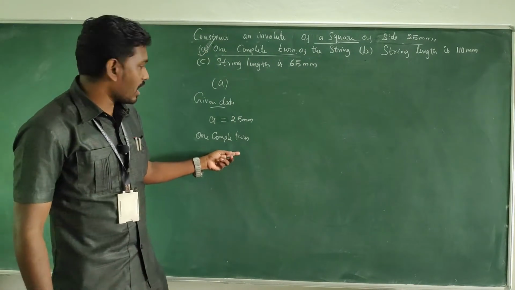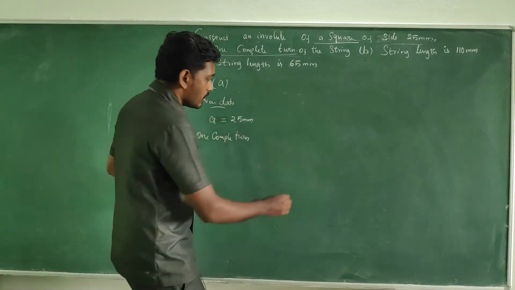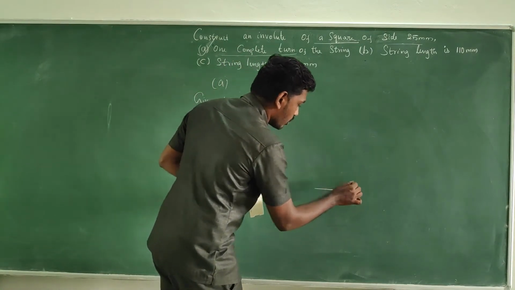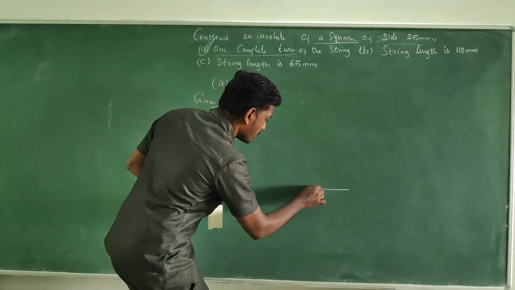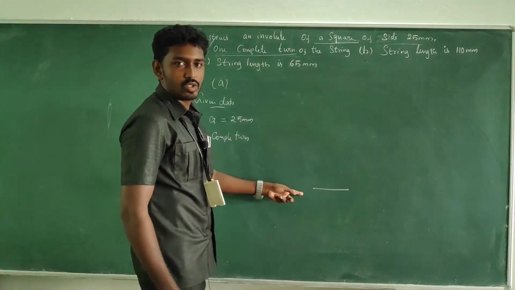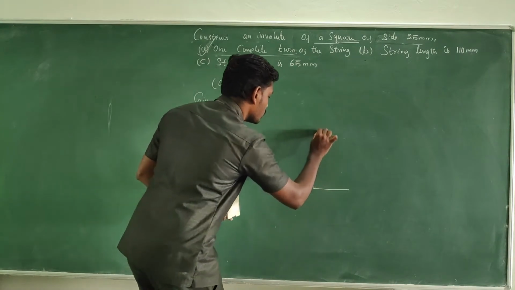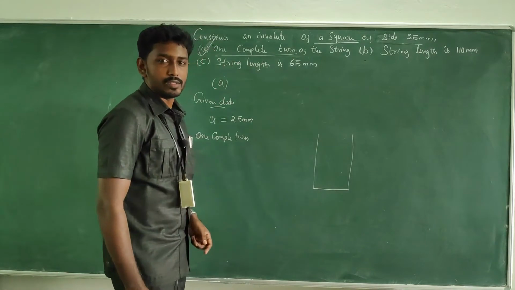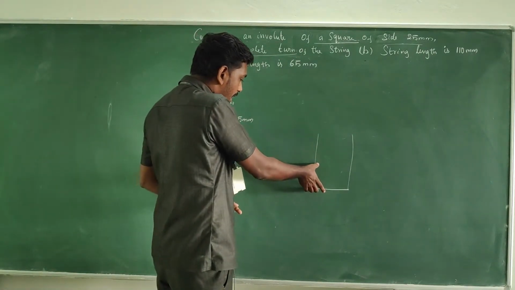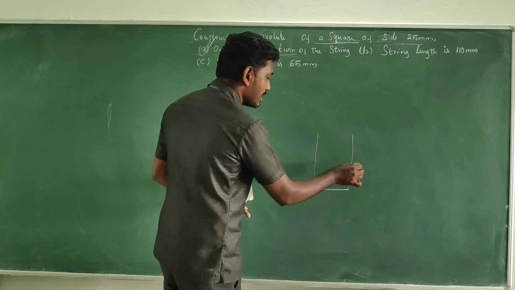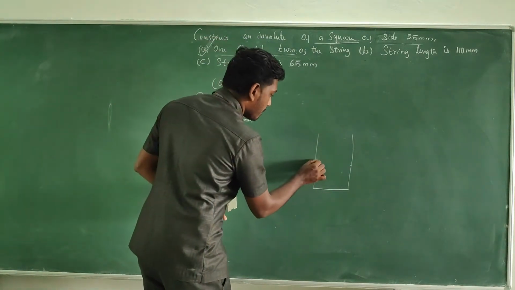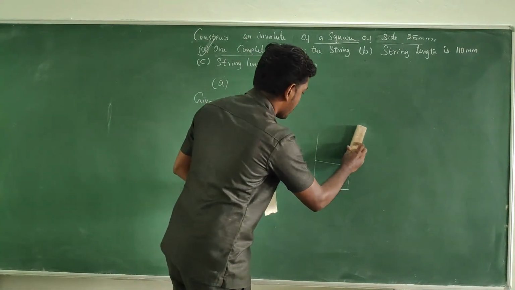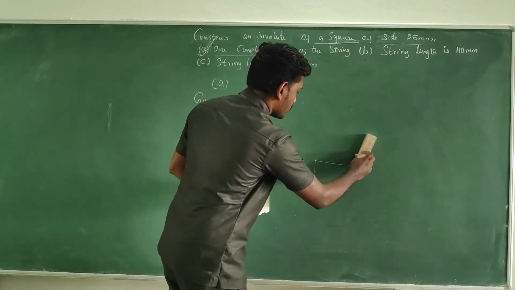So first we have to start with the square, with side 25. First draw a horizontal line of 25 mm. With the help of a scale, measure it, and then in order to draw the square, draw perpendicular lines from both ends, measure 25 and mark on both lines, and connect them so that you can see the formation of the square.